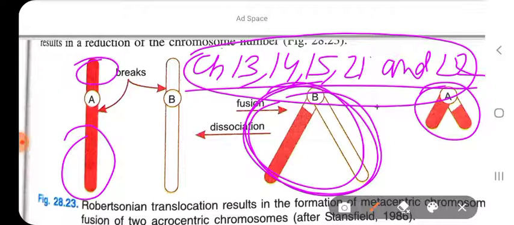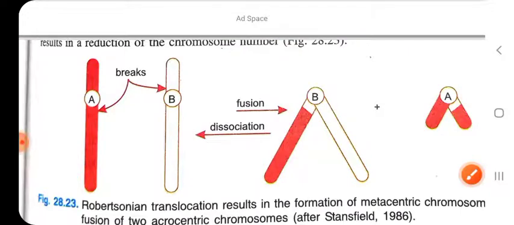So the humans have evolved from the apes as a result of Robertsonian translocation. Maybe 2 acrocentric chromosomes fused to form a large metacentric chromosome to evolve into human beings. They are suspecting actually.